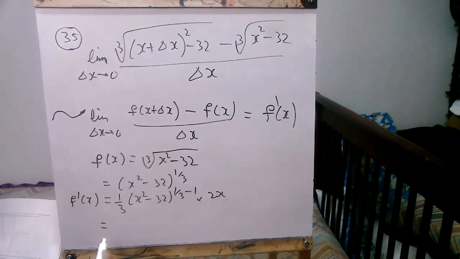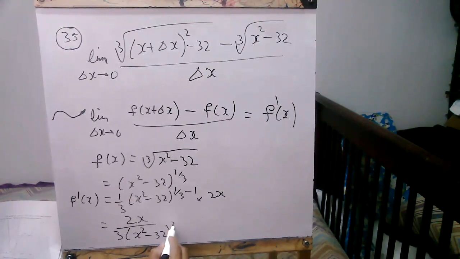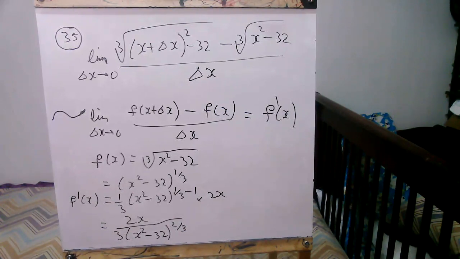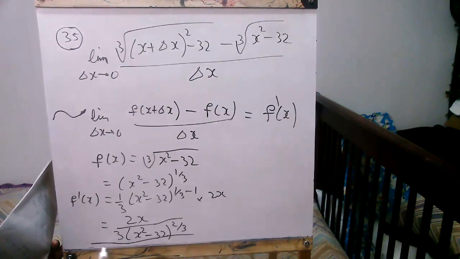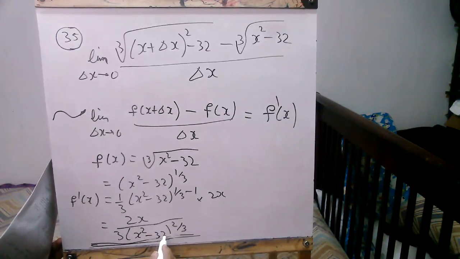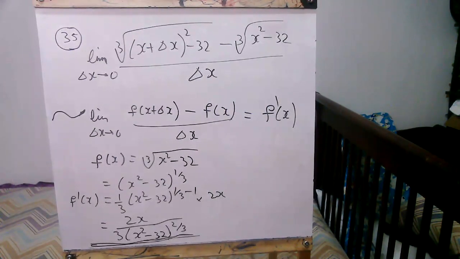This is equal to 2x divided by 3 times (x squared minus 32) to the power 2/3. Right? Now this is the final answer.